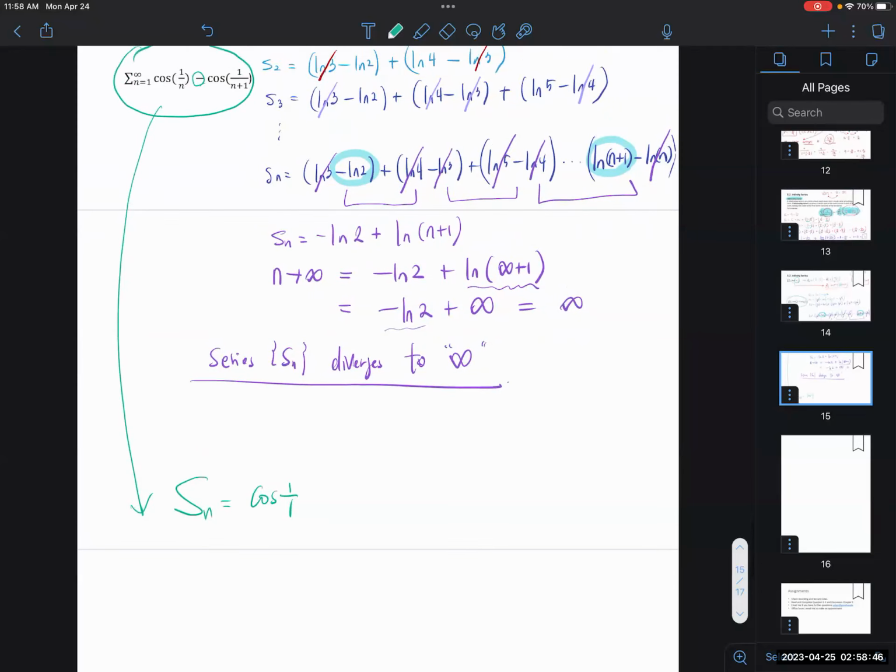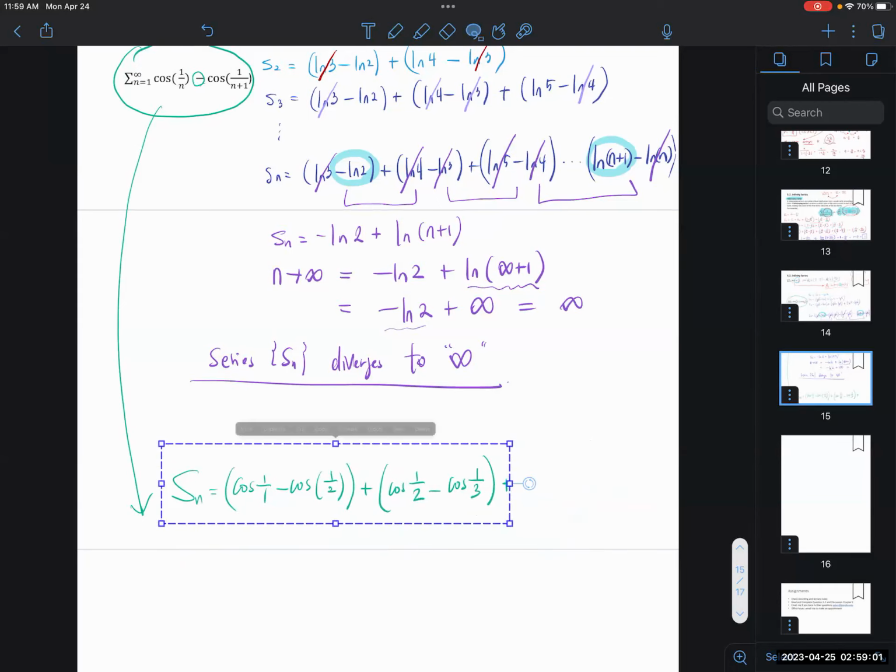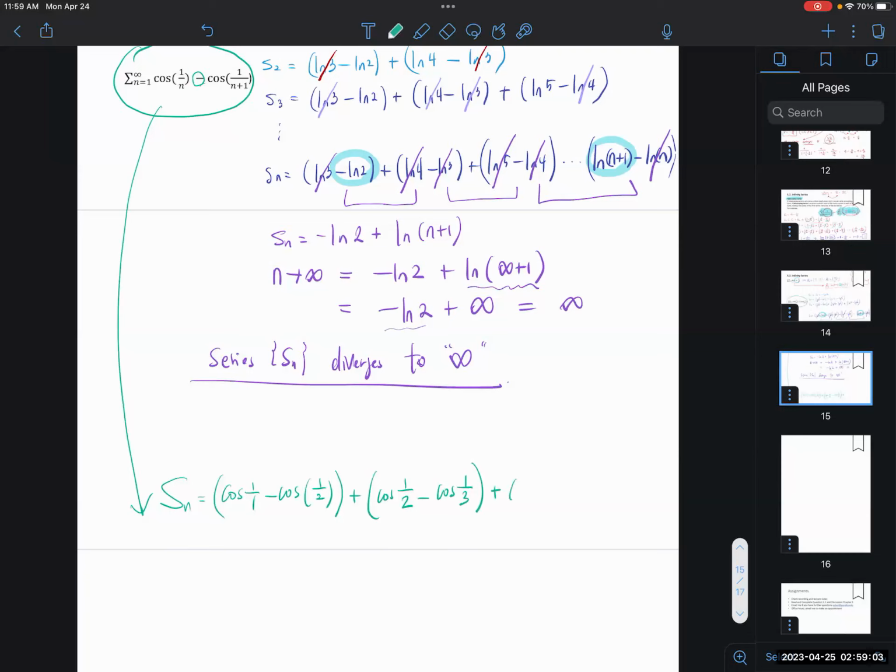I'm going to directly find Sn: cosine 1 minus cosine 1 over 2. So this is the first one, adding the second one, cosine 1 over 2 minus cosine 1 over 3. And you keep adding cosine 1 over 3 minus cosine 1 over 4.